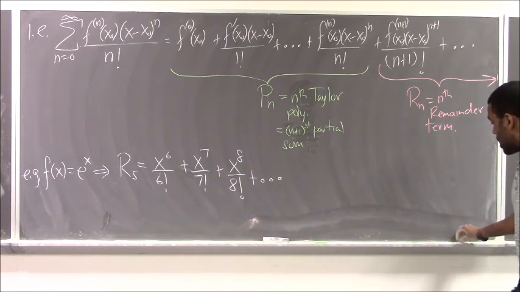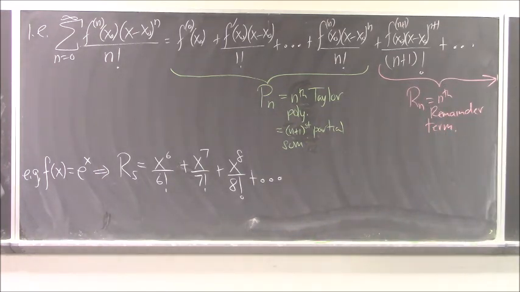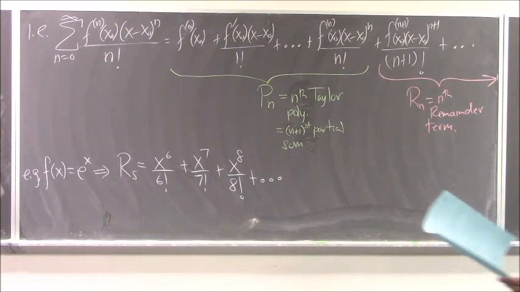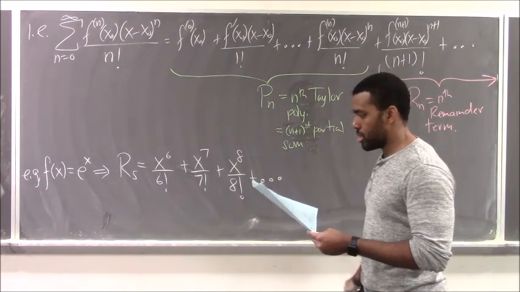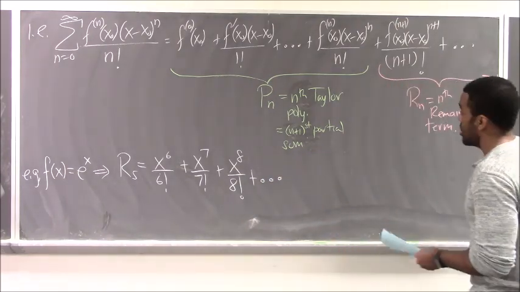Now, there is something called Taylor's formula. I want to tell you about this guy. Well, I'm going slightly out of order here, but maybe I want to tell you about some facts about the remainder term.